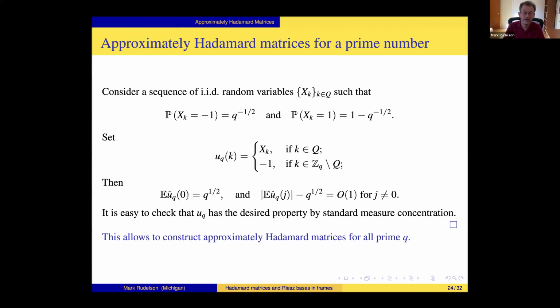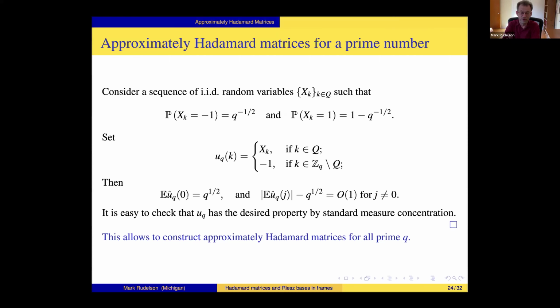Then, if we are in a good shape in average, we try to do what we usually do in probability. We try to rely on measure concentration to say that what happens in average happens with high probability as well. And this is indeed true. And this allows to construct approximately Hadamard matrices for all prime sizes.